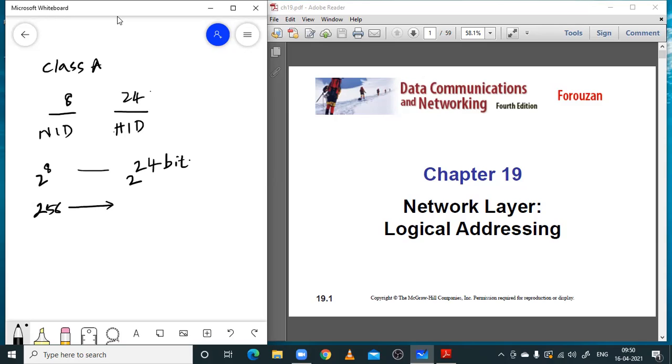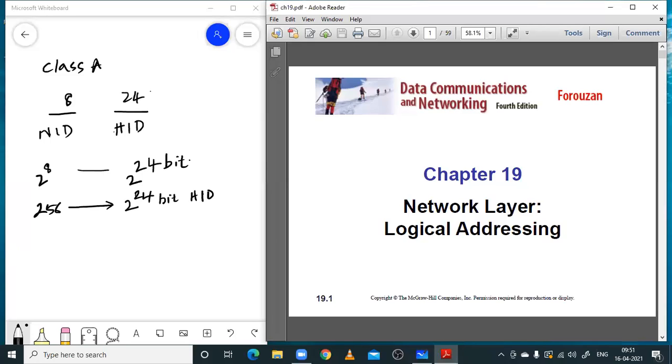Out of this, every network will have 2 power 24 host IDs. So this is the IP address according to the class A division.